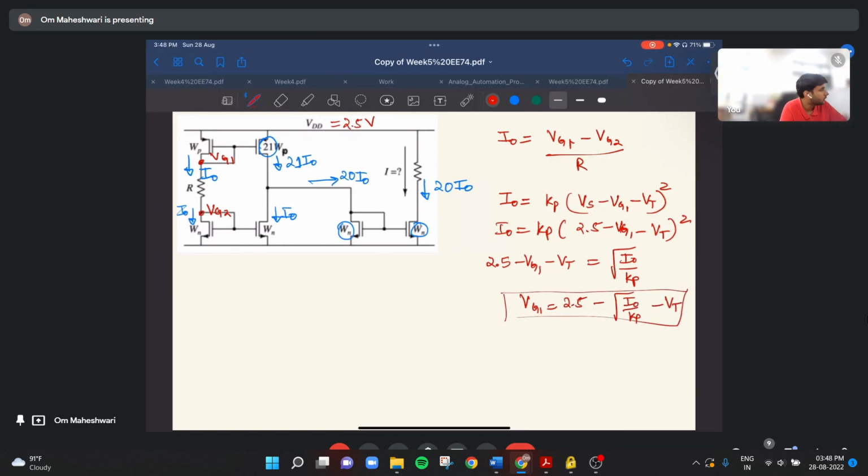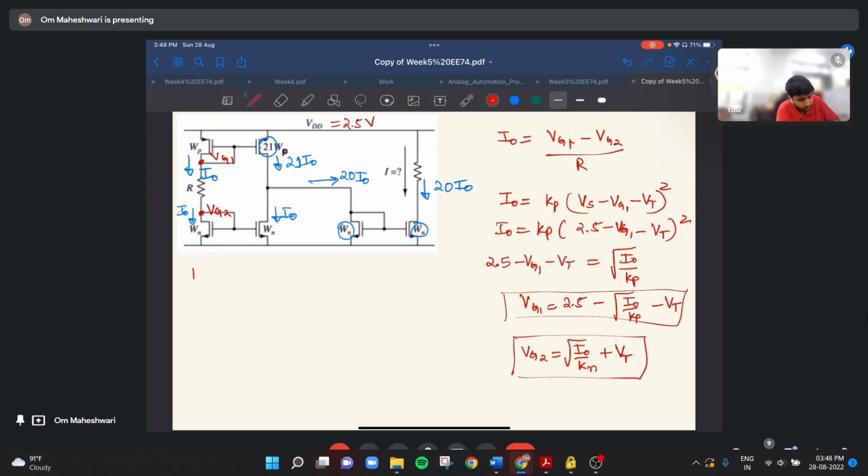And similarly for VG2, we will consider this transistor and we get VG2 equals under root I naught by Kn plus VT. This is VG2.